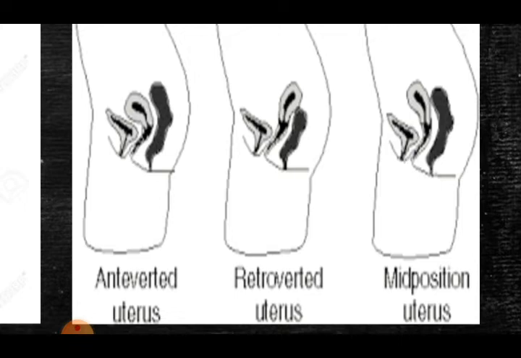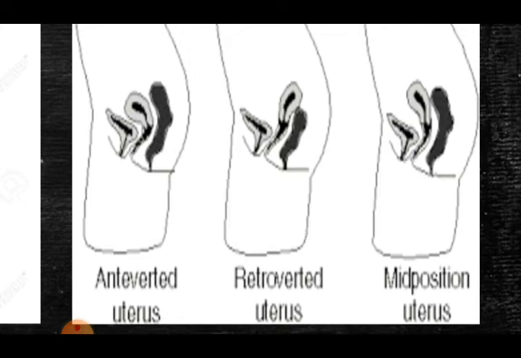Remember that anteversion is basically the angle between the vagina and the cervix. Once again, anteversion is the angle between the vagina and the cervix, and anteflexion is the angle between the cervix and the uterus. So here you can see there are two angles.